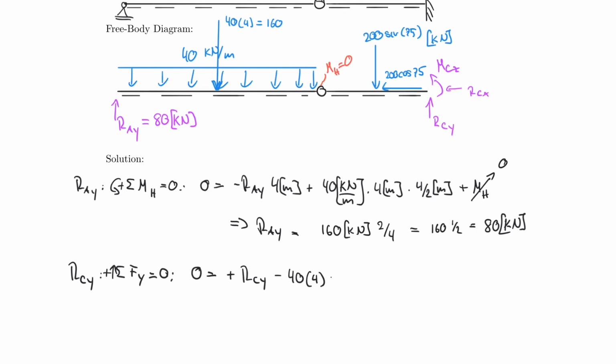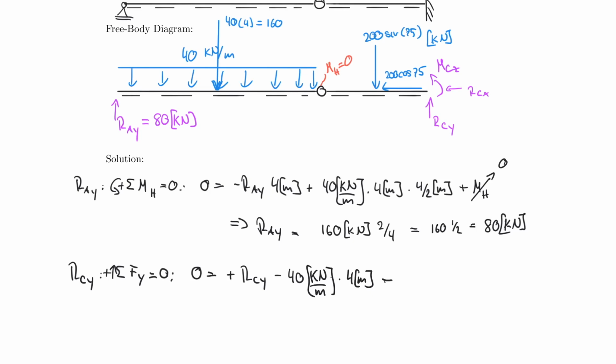In fact, I should probably erase this for clarity, and I should add units here. So 40 kilonewton per meter multiplied by 4 meter. That's the F resultant, the 160.